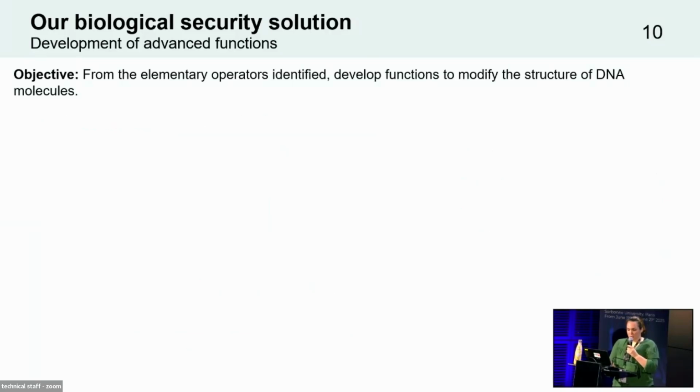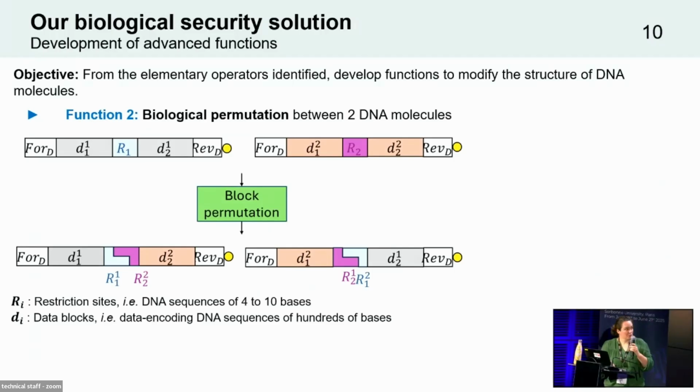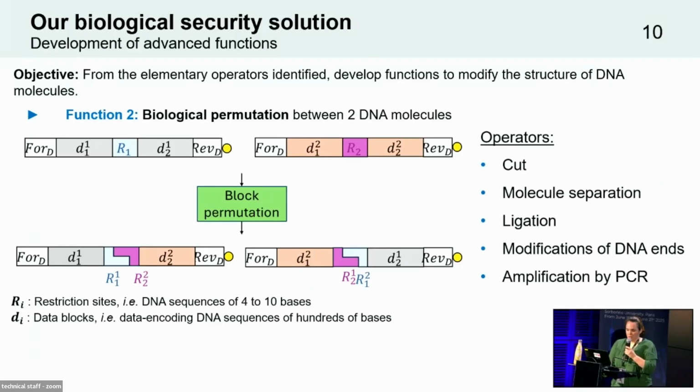And the second function is a biological permutation, which allows us to exchange 2 blocks between 2 molecules. So this function is based on the same operators as the rotation, with an additional operator that allows us to modify the DNA ends, but this time it only requires 1 cycle.